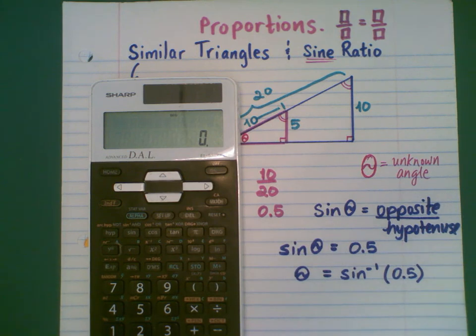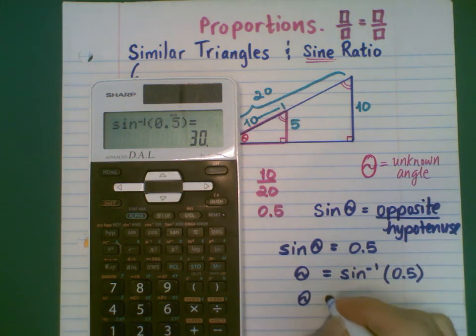And it depends on which calculator you're using. You have to learn how to find that second function. But for me, arc sine is written in orange here, right above the sine button. So I'm going to go second function, sine, you can see that at the top there, of 0.5 equals 30.